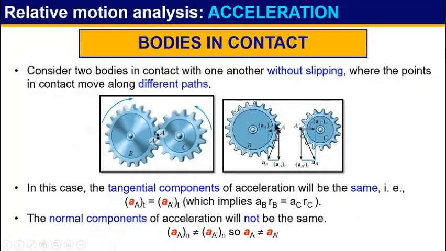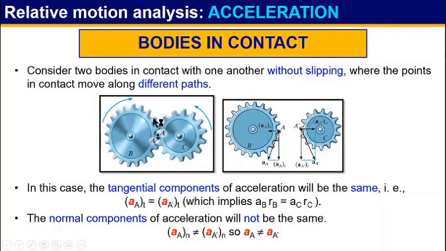Now let's see several types that we can see from this subtopic. First, bodies in contact. For example, these two gears, okay, gear B and gear C. Here, there is another point A, which is the intersection between gear B and gear C. Now, consider two bodies in contact, or two gears in contact with one another without slipping, where the points in contact move along different paths.